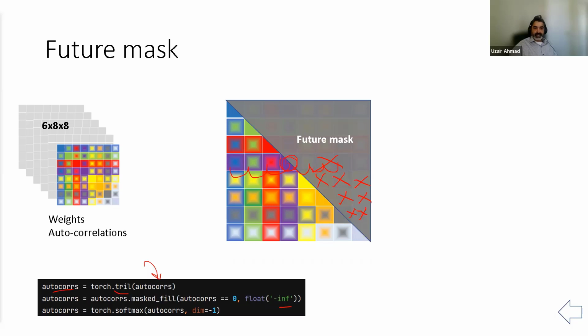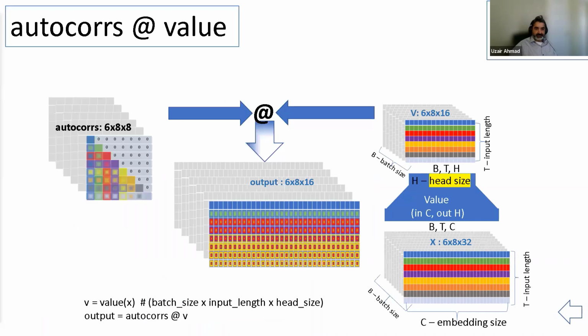And then we pass this masked autocorrelation matrix through softmax. So all values where we have minus infinity will become 0 when we exponentiate them. So we will get something like this. Zeros for future values. Every word is dependent on itself and previous words.